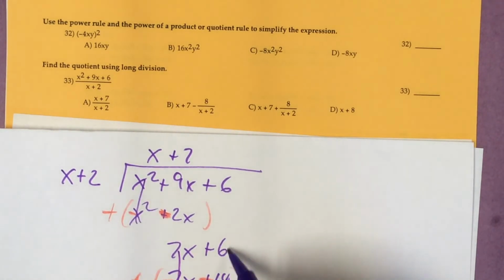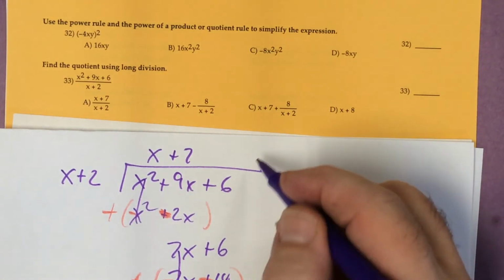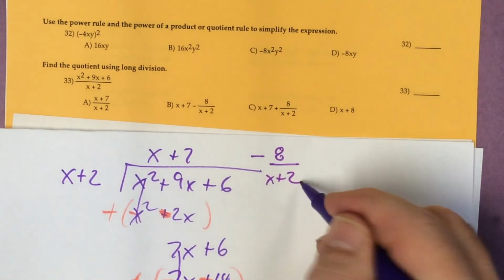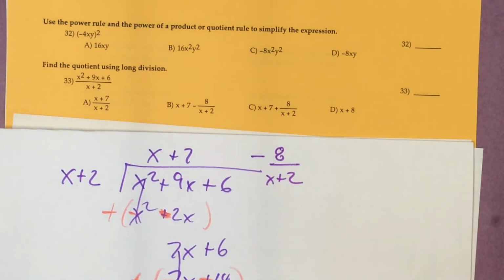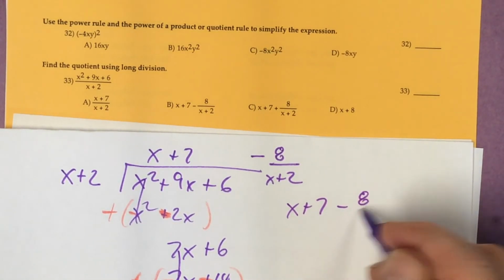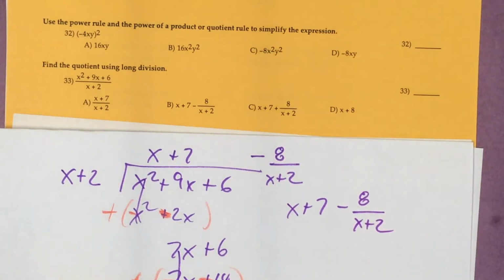That's going to give me 6 minus 14, which gives me negative 8. Now this negative 8 at this point is a remainder. So I'm going to write this as minus 8 divided by x plus 2. And I believe that's going to yield the answer we have for choice B, if I'm not mistaken. So my final answer is x plus 7 minus 8 over x plus 2.